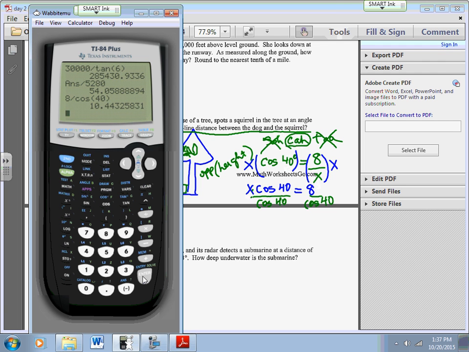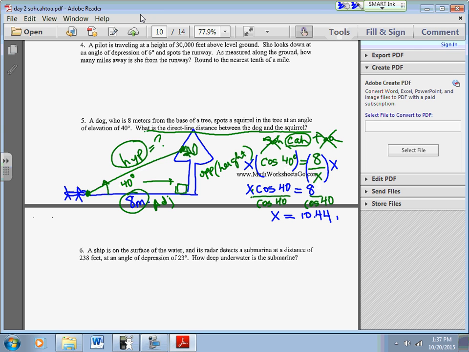So that's telling you that your value of x is equal to 10.44, and the units that are being used are meters, so 10.44 meters. Do they ask us to change our answer to any type of feet, miles, or anything like that, or round off to anything? It says the direct line distance. So the direct line distance is from the dog to the squirrel, so that was the hypotenuse we just figured out.